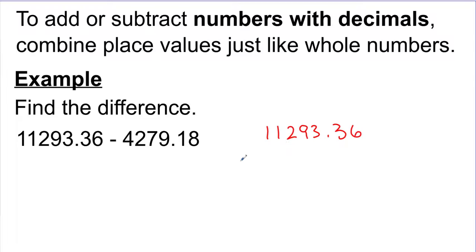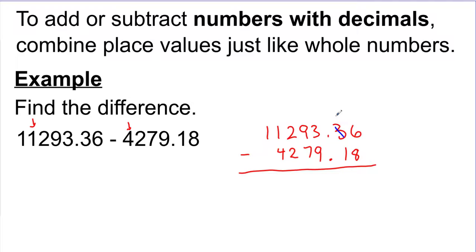So 11,293.36. And then I have this other one on the bottom. It's 0.18 and it goes out 9724 from the decimal point. If you notice, this is a thousandths number and this is a thousandths number, so I want those lined up, and they are. So let's do some subtraction here. 6 minus 8, I can't do that without getting into the negatives, so this is where we start borrowing.